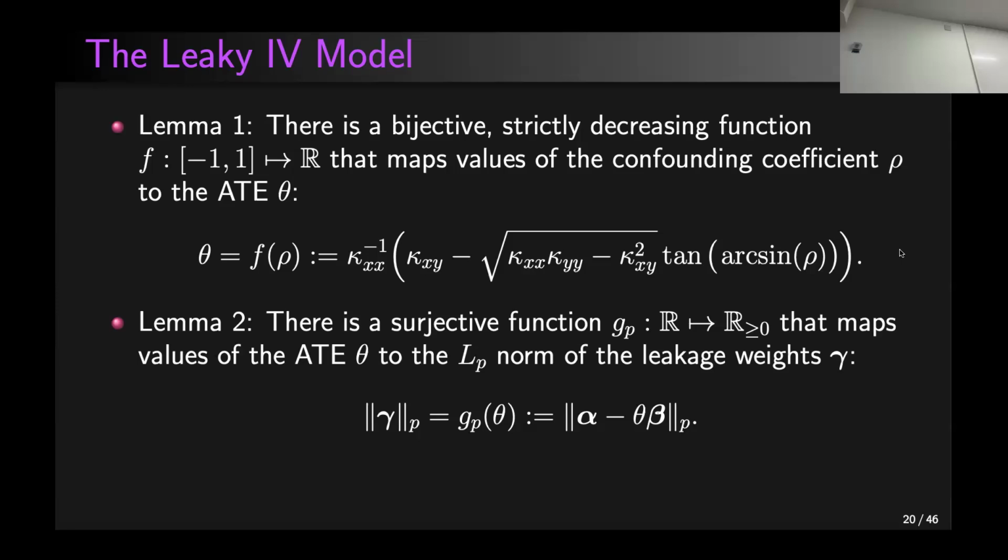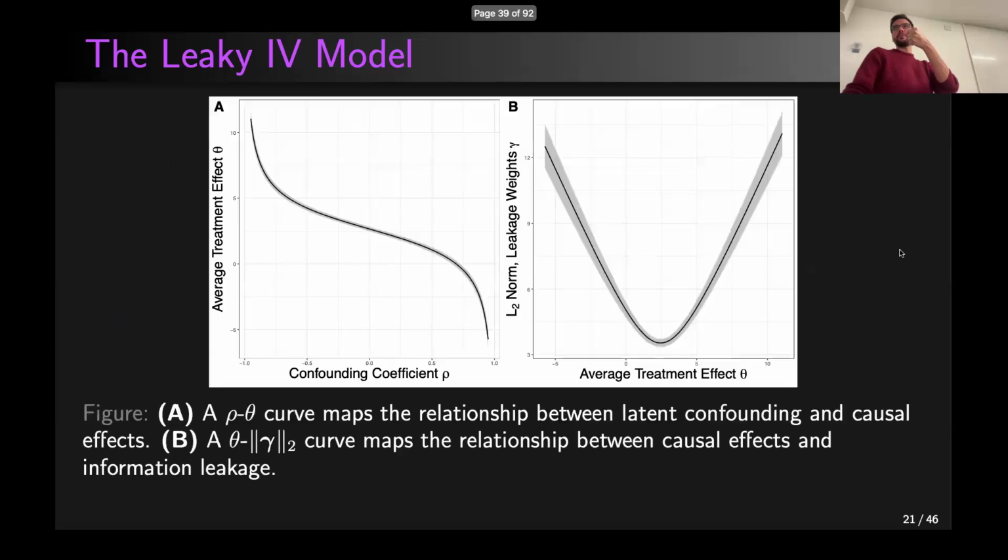And theta, this is actually kind of what two-stage least squares is exploiting here, is that theta has to live on this hyperplane. And this is how, if you give me a theta, then I immediately know the LP norm of gamma. So do you see there's a sort of sequence of equations that all link together? Rho gives me theta, theta gives me the LP norm for gamma.